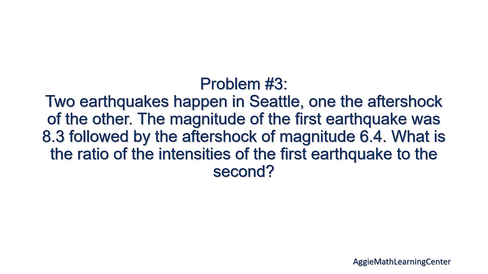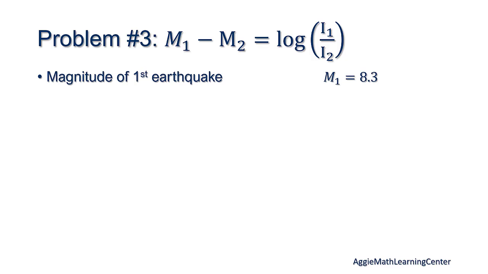The first step is to realize that we have an equation for this type of model that relates two earthquakes' magnitudes to their intensities. We know this equation to be M sub 1 minus M sub 2 equals log of I sub 1 divided by I sub 2. We know that the first earthquake has a magnitude of 8.3, so M sub 1 equals 8.3.